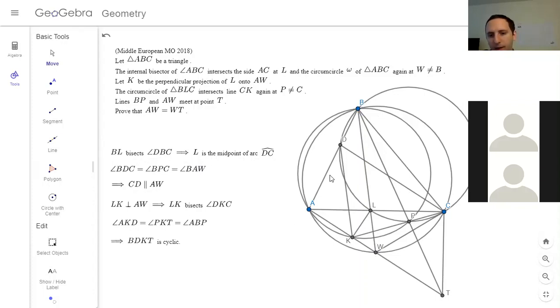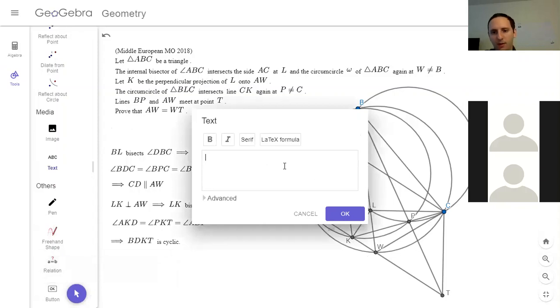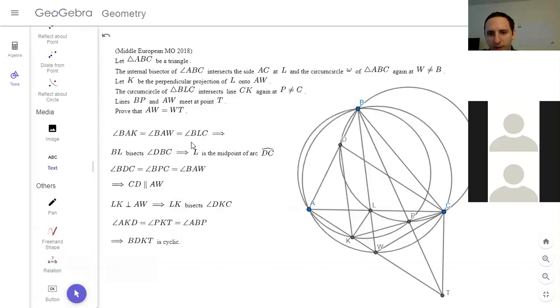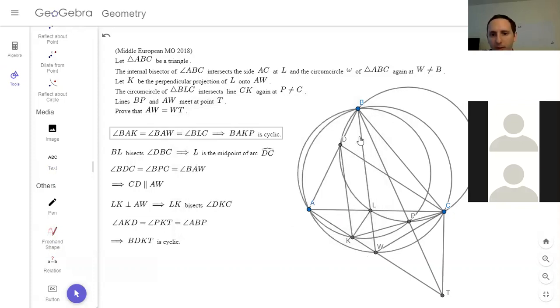BAK was BAW, which is BLC. So that means BAKP is cyclic. Okay. And we know BAW is BLC because those triangles are similar.